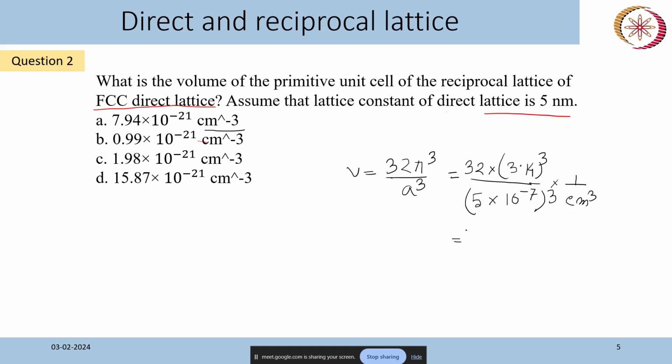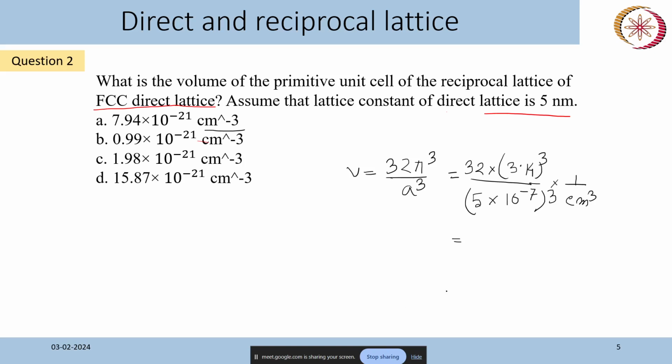So what is the final answer? Option A. Yeah, option A. I am also calculating, so give me a minute. Yeah, option A is correct.